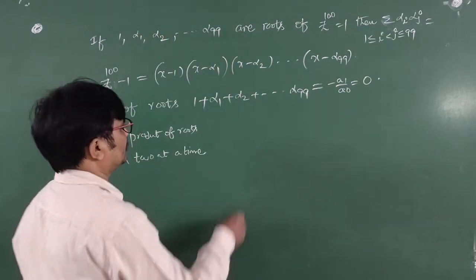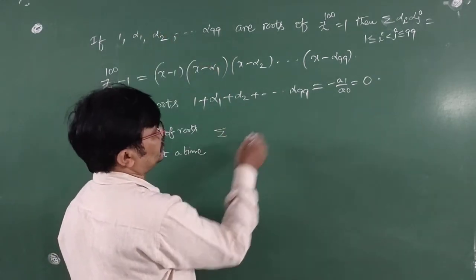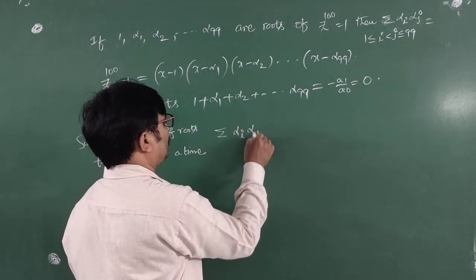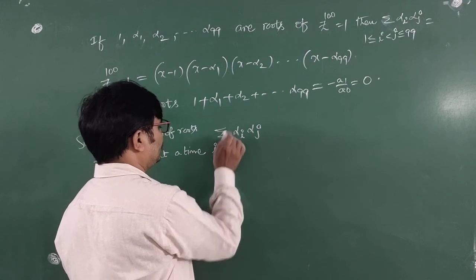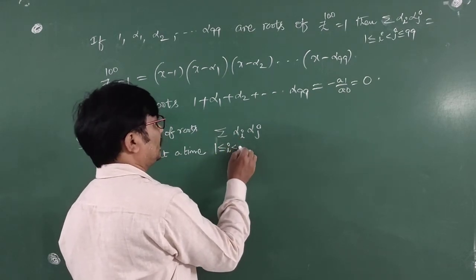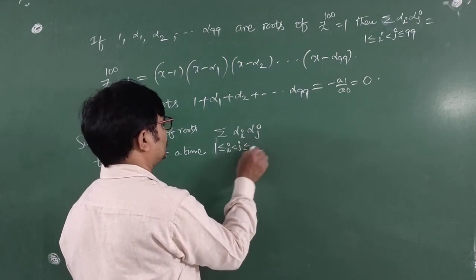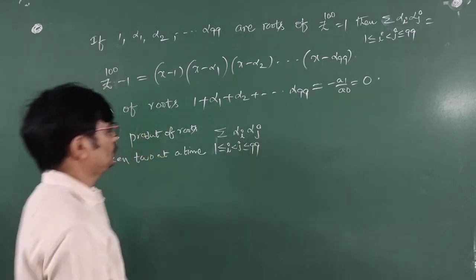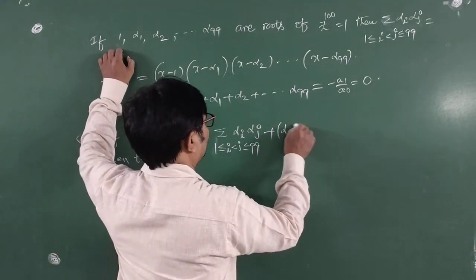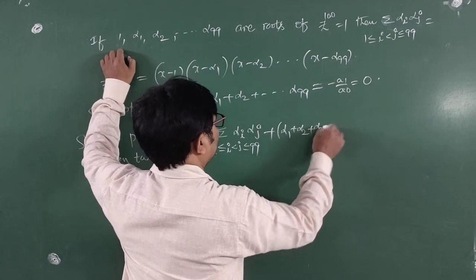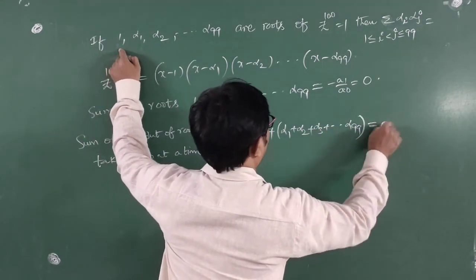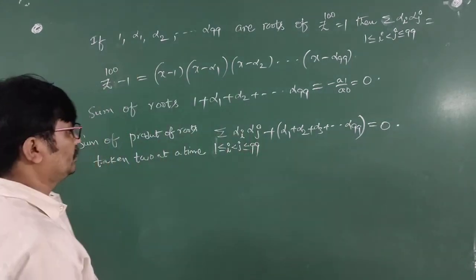That is nothing but sigma alpha i alpha j, where 1 less than or equal to i less than j less than or equal to 99, plus alpha 1 plus alpha 2 plus alpha 3 and so on up to alpha 99, which is given as 0.